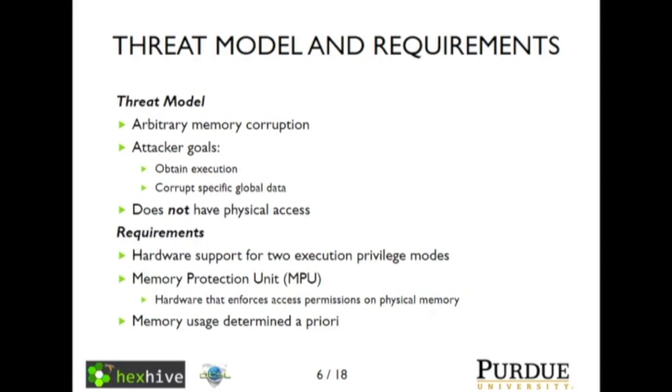This means that I know how much memory my application is going to use before I start running it. These three requirements are all commonly available on embedded systems. If you're operating on physical memory, you have to know how much memory you're going to use before you run your application, otherwise it's not going to run. And modern microcontrollers such as the ARM Cortex-M series have a memory protection unit and the separation of privileges.